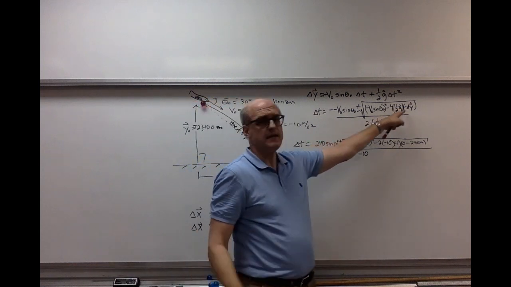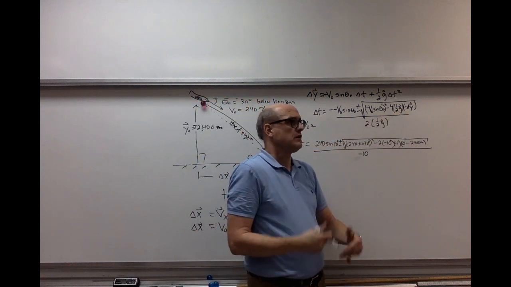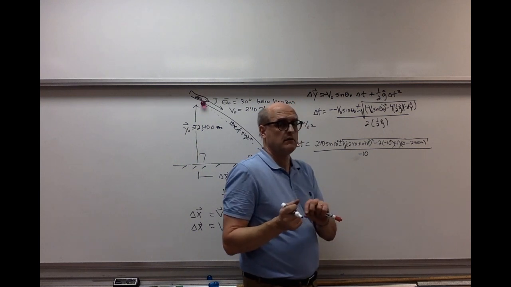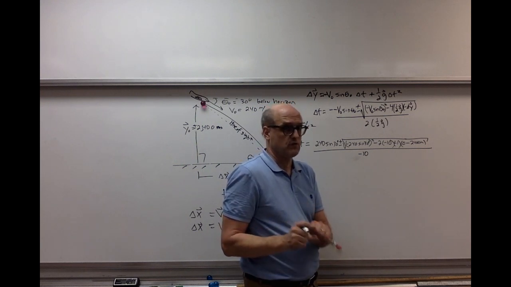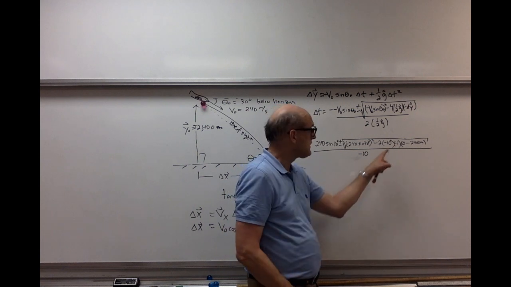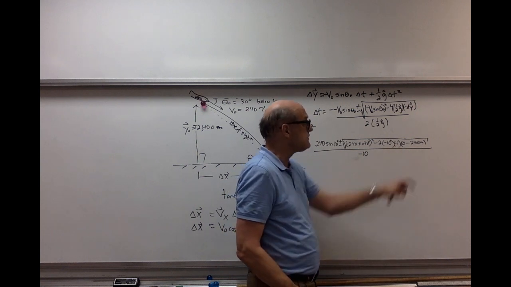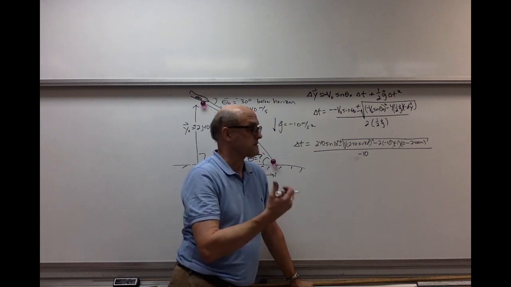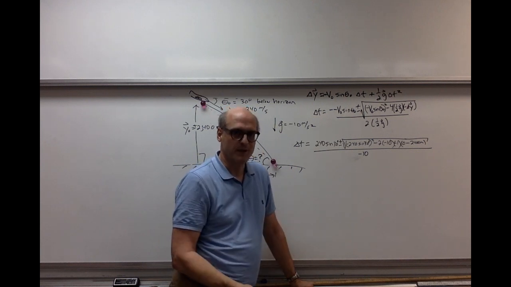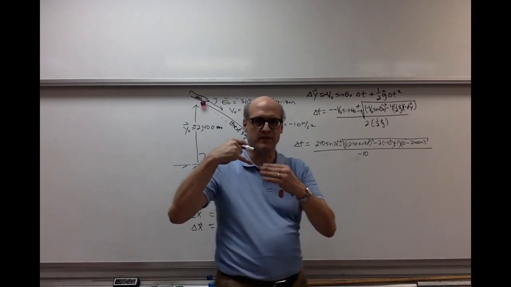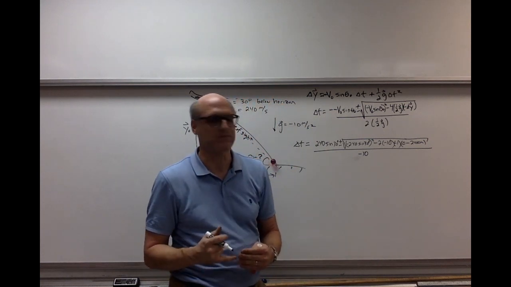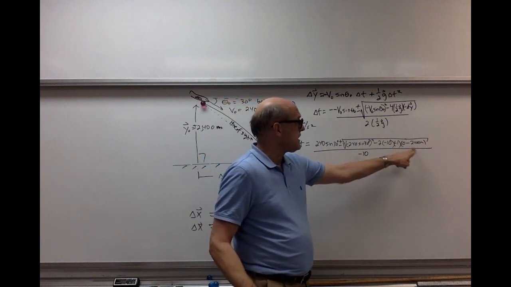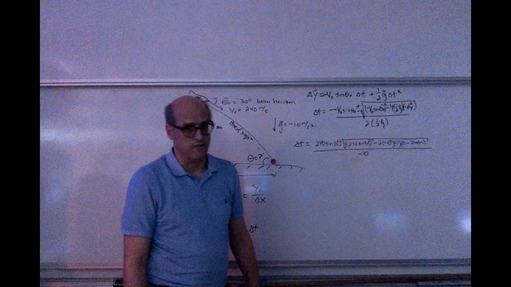So when you take the negative of the vertical displacement, you have yf, which is 0, minus the original position, which is 2,400 meters. And the negative of that, right here, you end up with positive 2,400 meters. So the displacement itself is negative 2,400 meters, but we have to take the negative of that. So we end up with a positive 2,400 meters there.